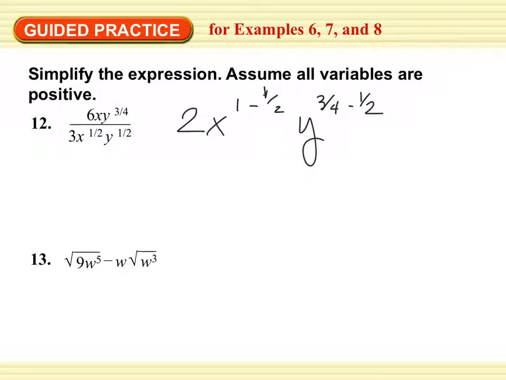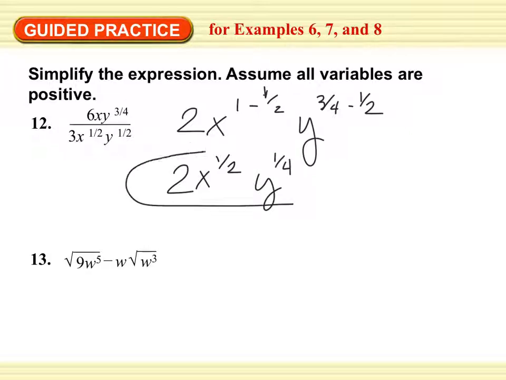Let's see what happens. I get 2. 1 minus 1/2 is 1/2. 3/4 minus 1/2 is 1/4. And if those fractions are what's holding you back, just go ahead and get your calculator out. Okay, no judging.